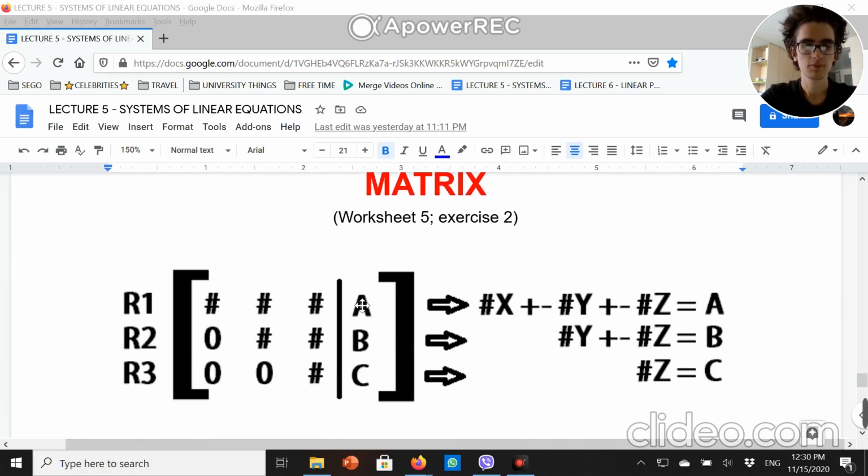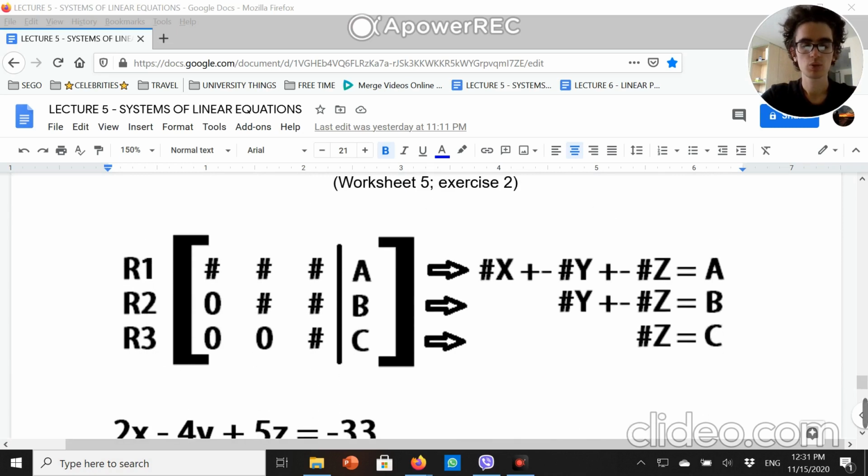So when we finish, how do we know that we finished our matrix? We want in our second row to have 0 here, and in our third row we want 0 here and 0 here. Our a, b, and c would be values that we would get in the end on this side, and then based on that we can calculate. These little hashtags are just numbers that we would have here.